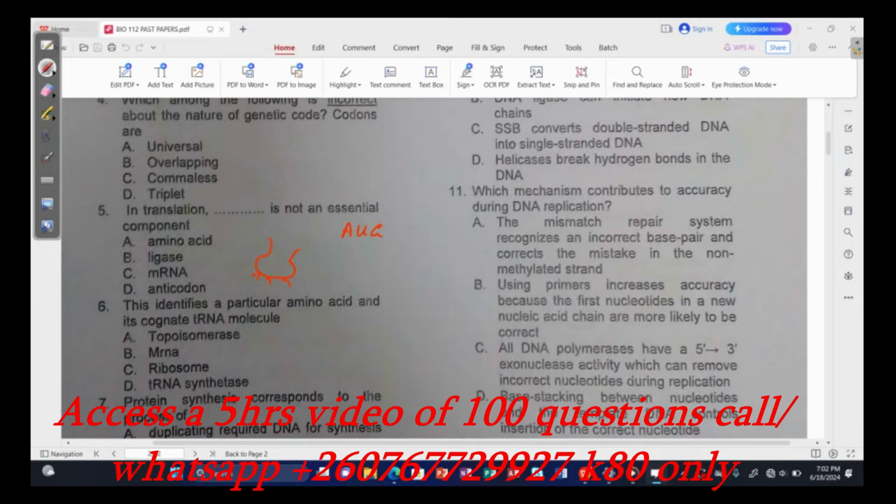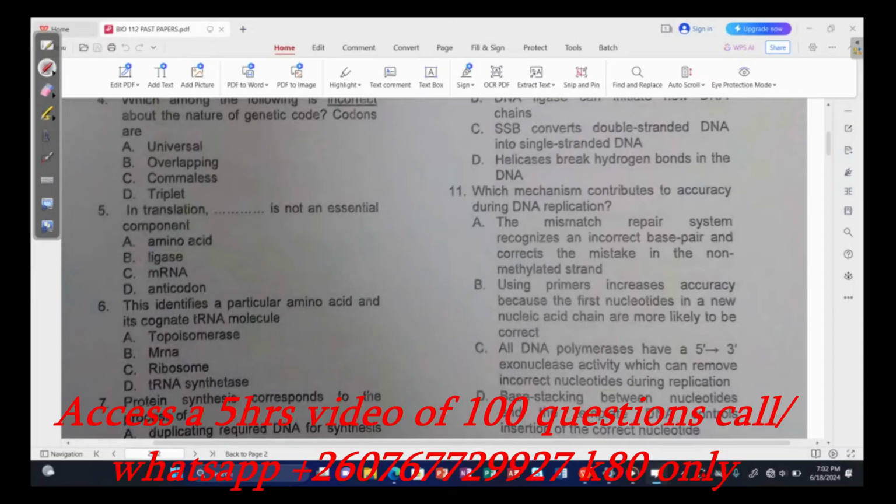This should contain anticodons which are complementary to these bases. So remember that this is within mRNA. So A will pair with U. Here we should have U. Then A, there we should have C. So this is an anticodon found on the anticodon arm of tRNA. It is very essential. It's the one which determines which tRNA is going to pick a particular amino acid. So option B is the false statement.